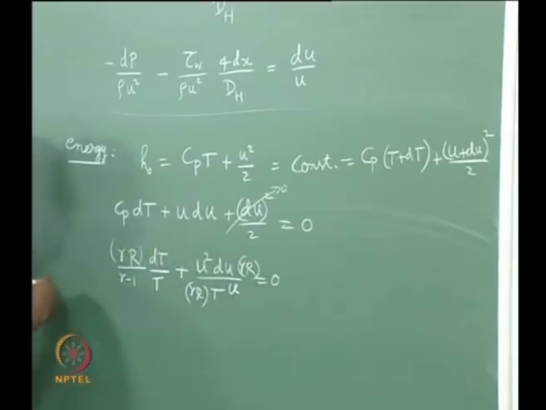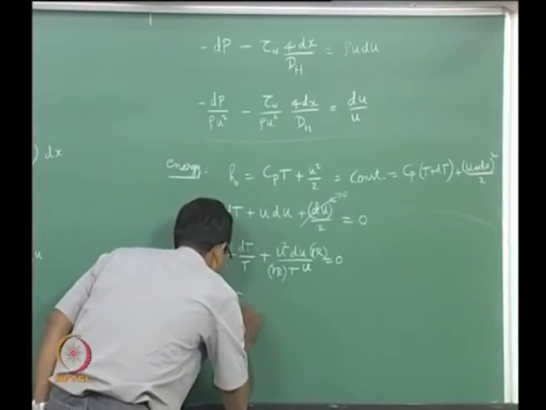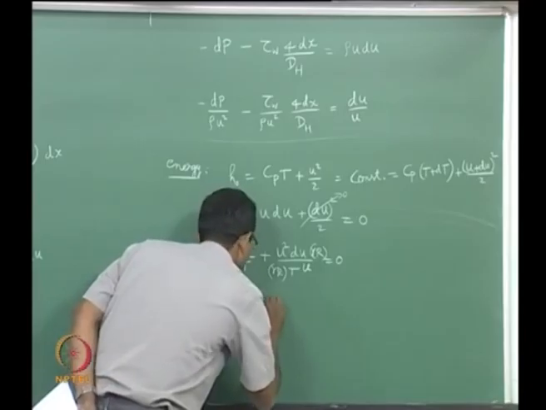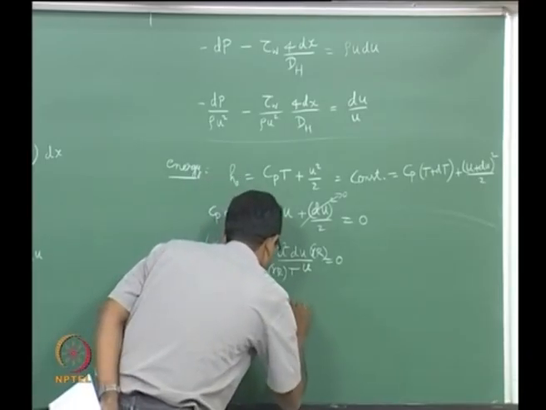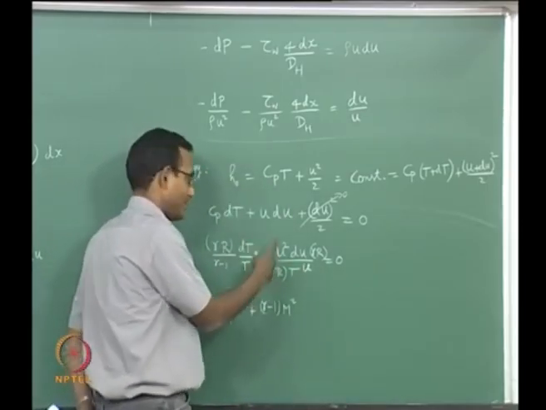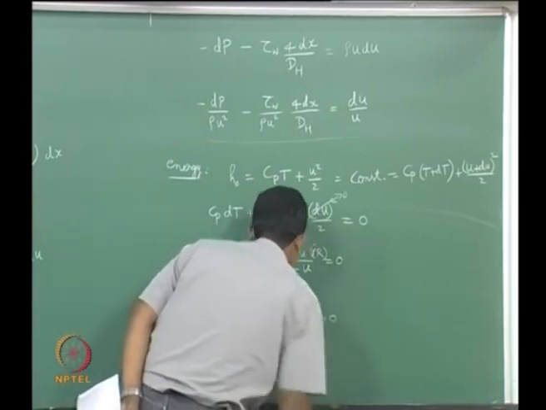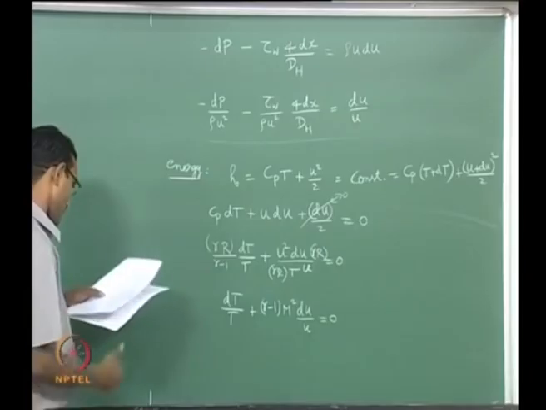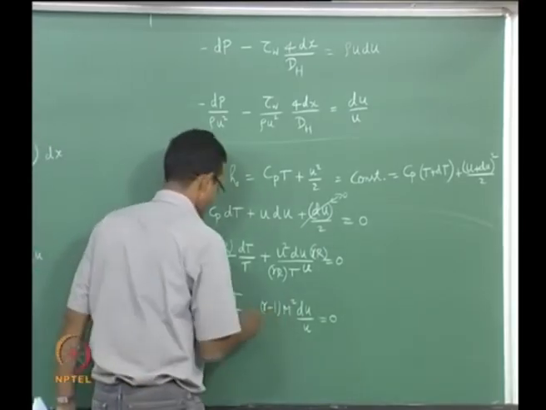Gamma R is a common factor out of this, that cannot be 0, only the remaining term is 0. So I will finally end up with dT by T plus gamma minus 1 times M square. How did I get M square? Gamma R T is a square, u square by a square I have, times du by u equal to 0.